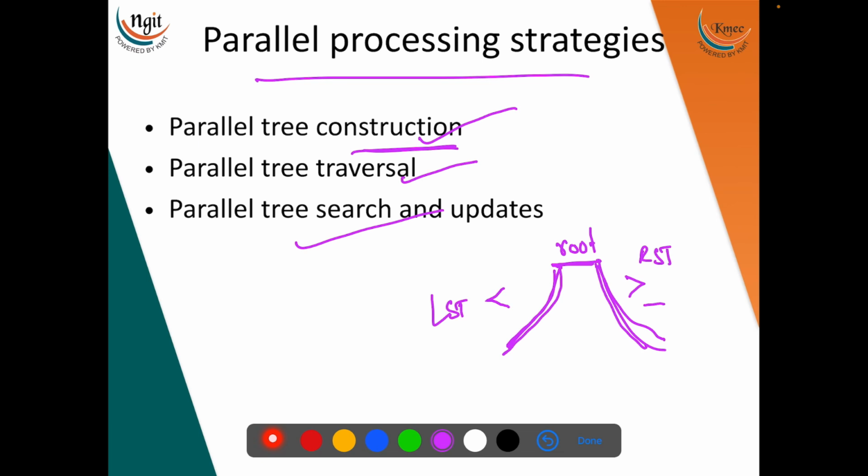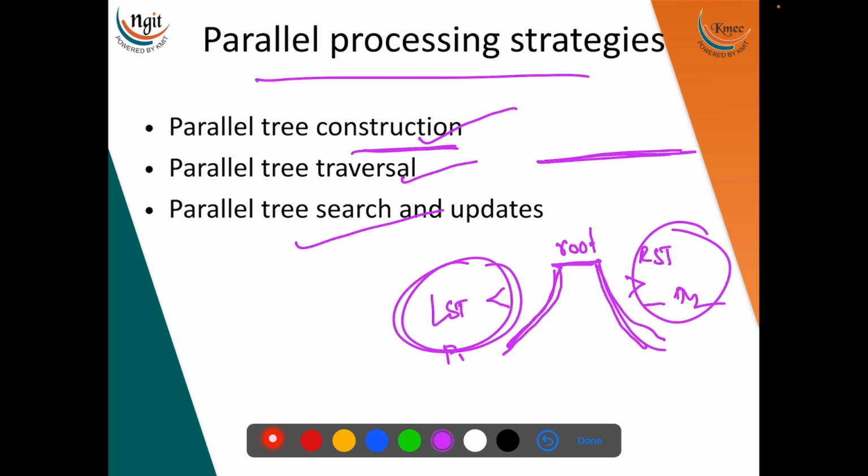The construction of the binary tree will have two processors, P1 and P2. P1 handles the left subtree, P2 handles the right subtree. So here, dividing the data set into smaller sub data sets and constructing the subtrees in parallel happens recursively. Recursive parallel construction means we divide the whole collection of elements into smaller collections and construct the subtrees, left subtree and right subtree.